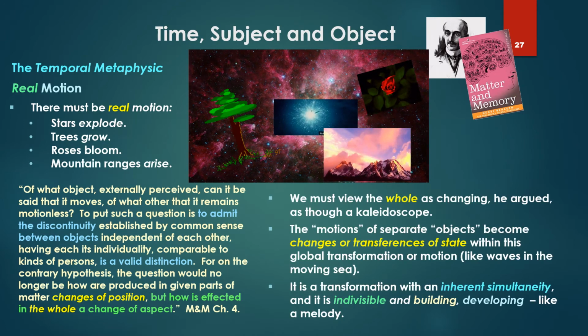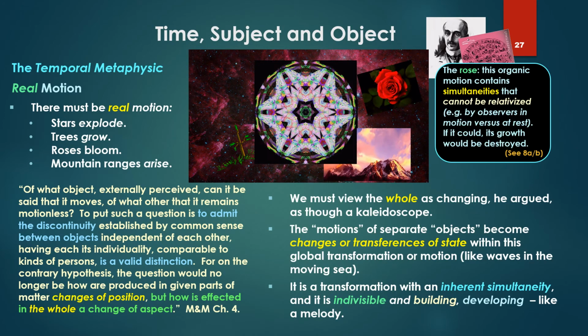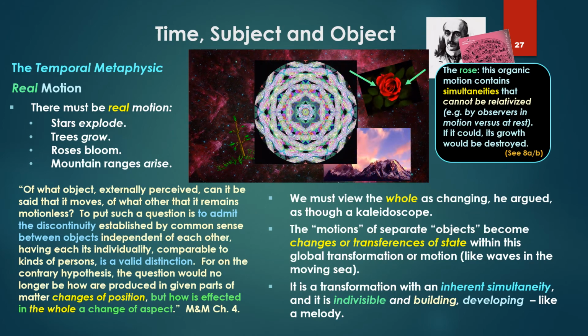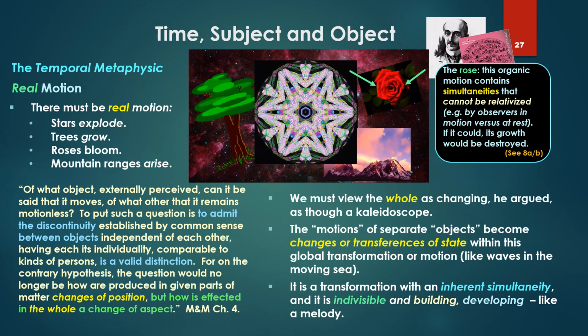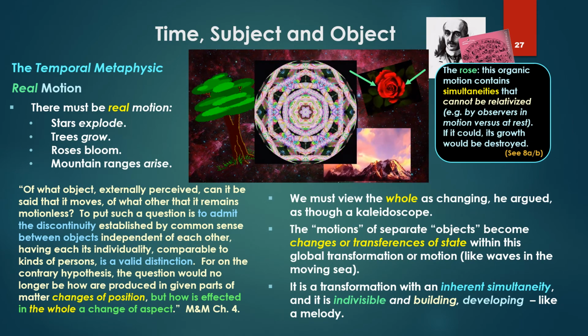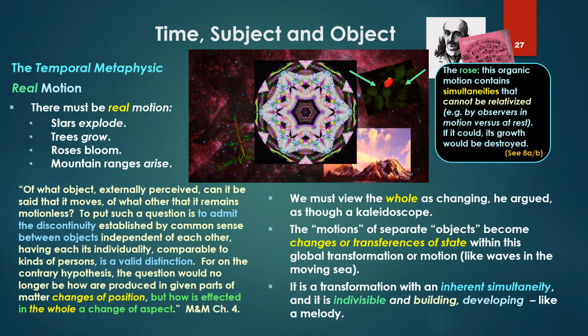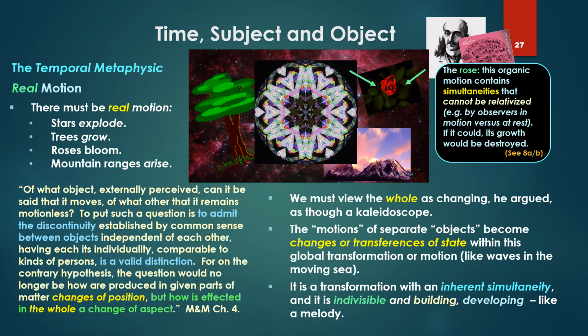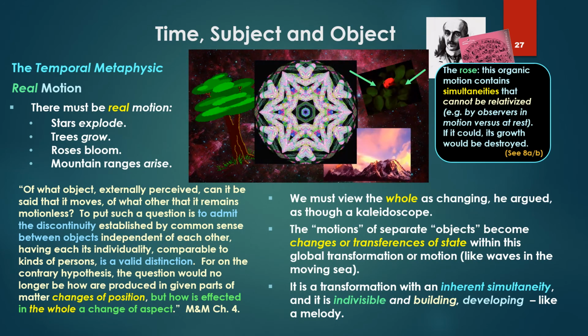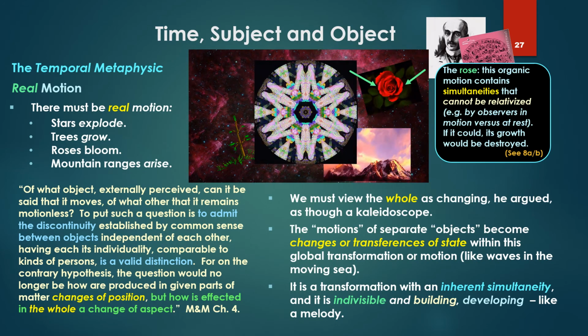We must view the whole as changing, he argued, as though a kaleidoscope. So the motions of separate objects become changes or transfers of state within this global transformation or motion, like waves in the sea. It is a transformation with an inherent simultaneity, and it is indivisible, like a melody.